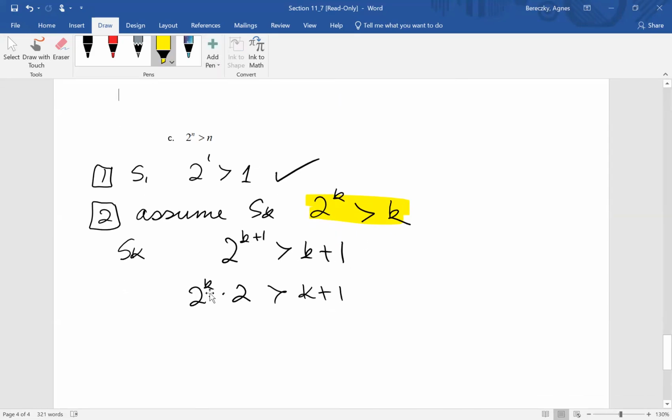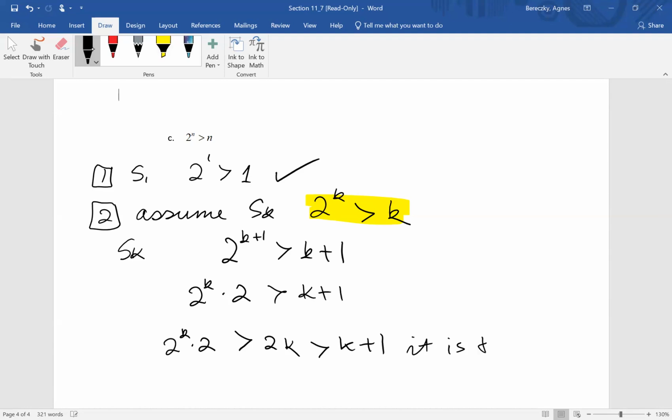So if I replace 2 to the k with a k, which we know that 2 to the k is greater, we could set up 2 to the k times 2 is greater than 2 times k. That will be greater than k plus 1. And it is true if k is greater than 1.